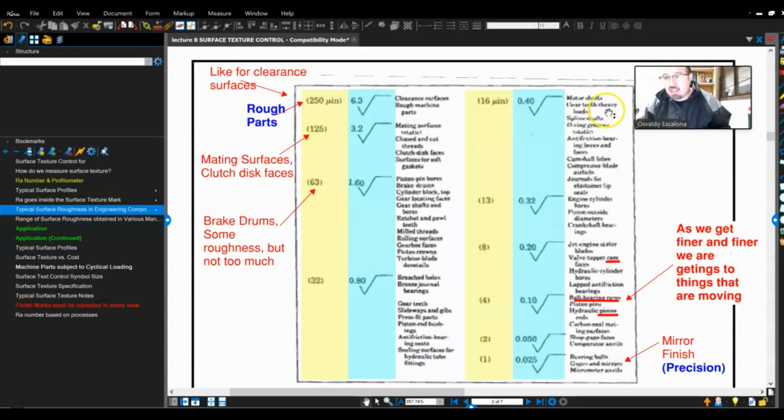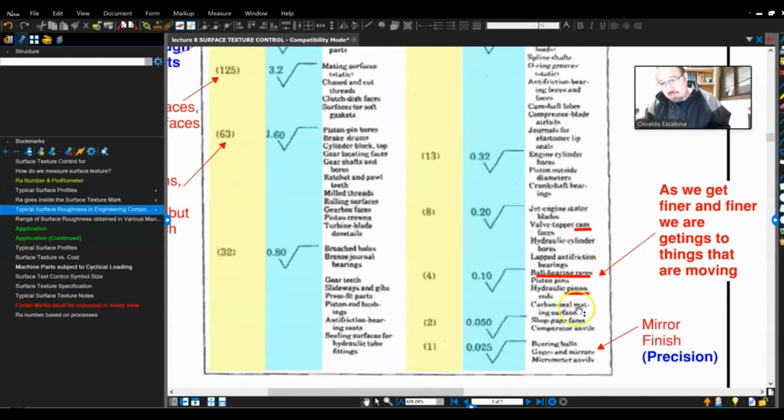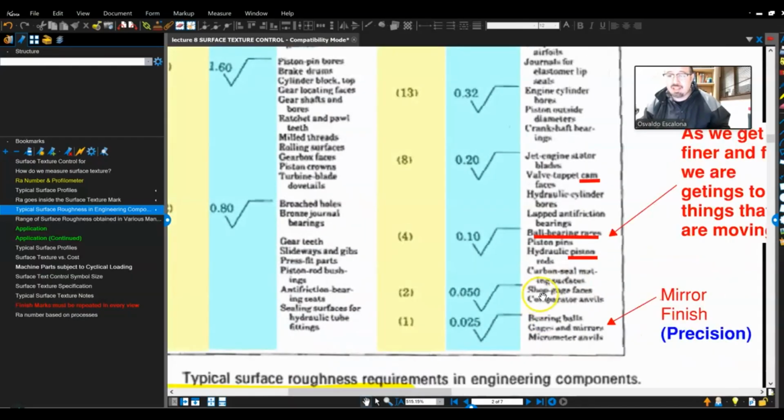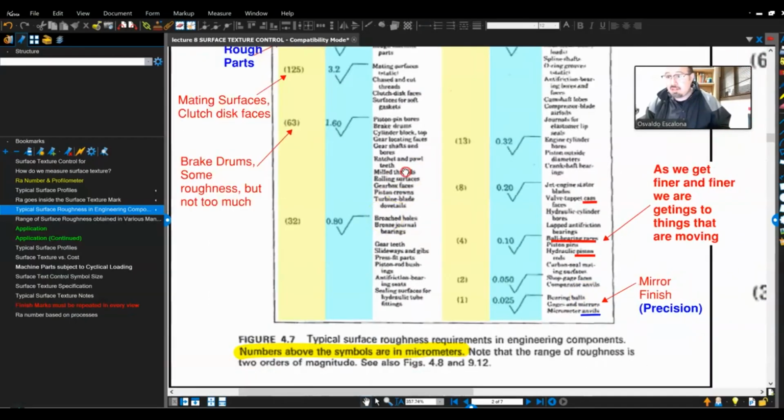Bearings, gear teeth, motor shafts, engine cylinders, jet engine blades, ball bearing, hydraulic piston rods, gauge faces, things that you're going to use to inspect other surfaces, bearing balls, gauges or mirror-like or micrometer anvils. Anvils are again for inspection purposes. So the smaller the RA number, the better the surface finish.